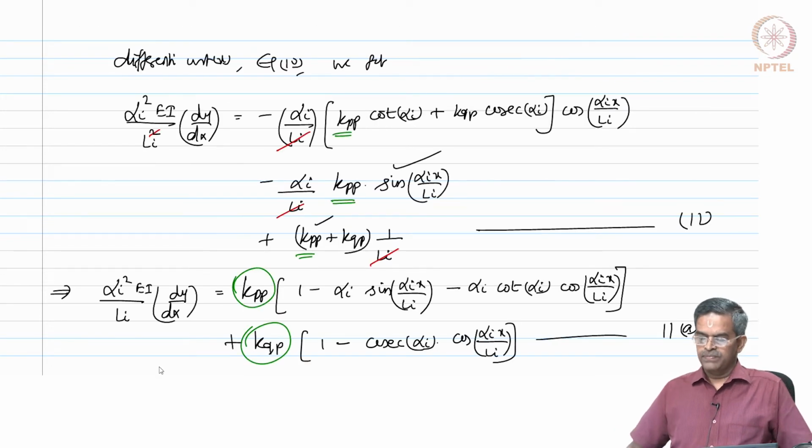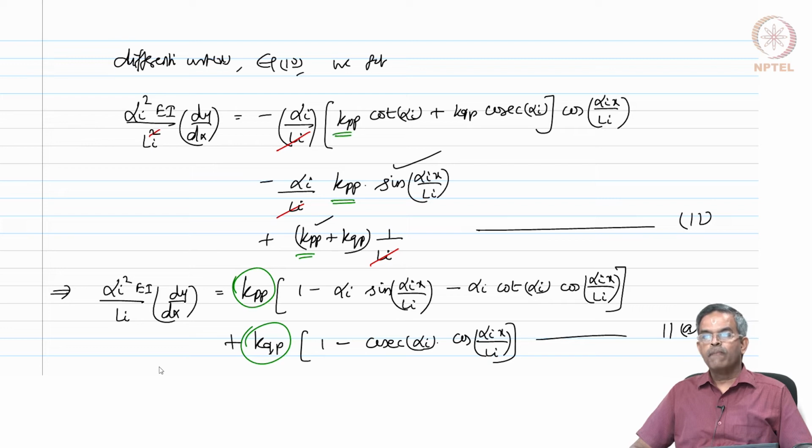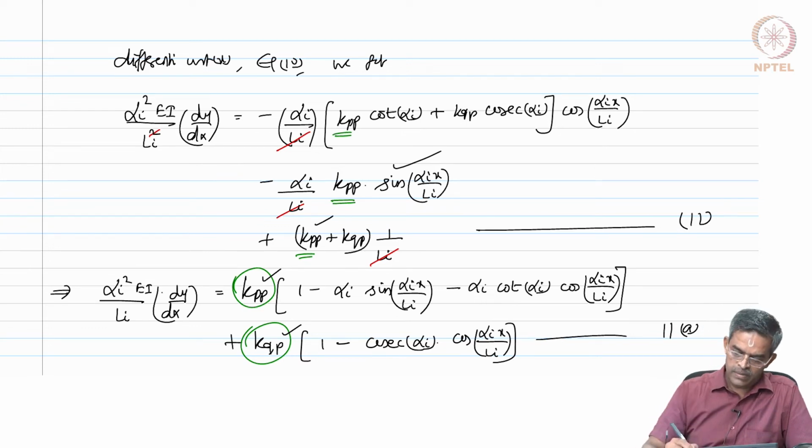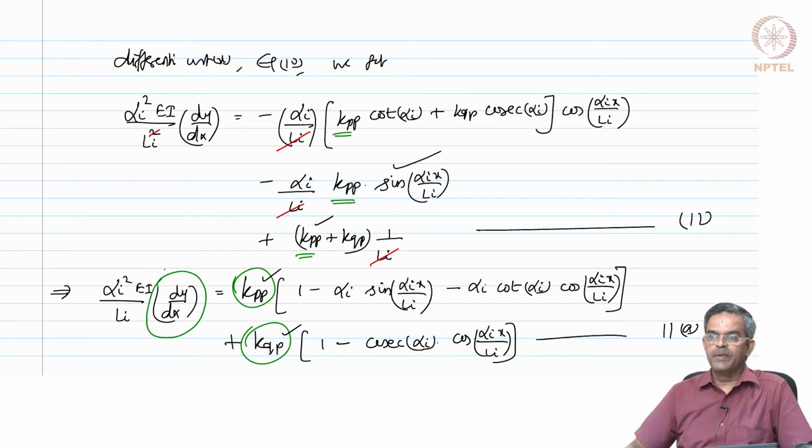In the last lecture, we derived equation 11a, which is expressed in terms of KPP and KQP. On the left hand side you will see a term representing the slope. dy by dx is the slope of the beam, is it not? It is given as a function of KPP and KQP by equation 11a: KPP into 1 minus alpha I of some sin something minus alpha I cot cos, then plus KQP.